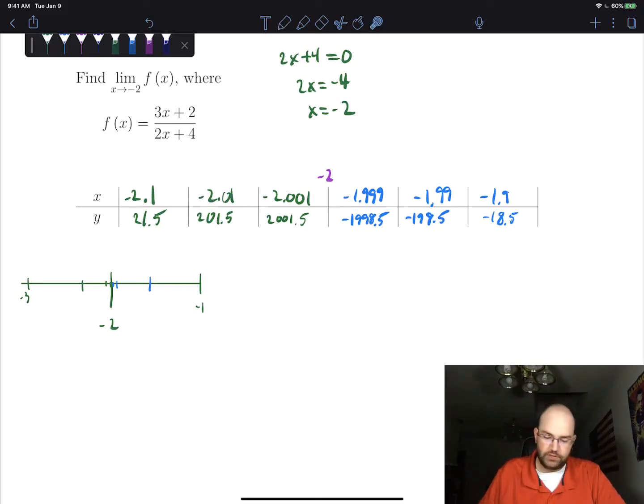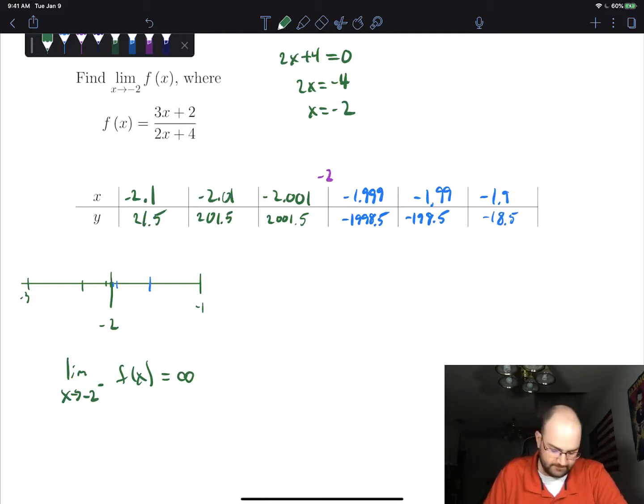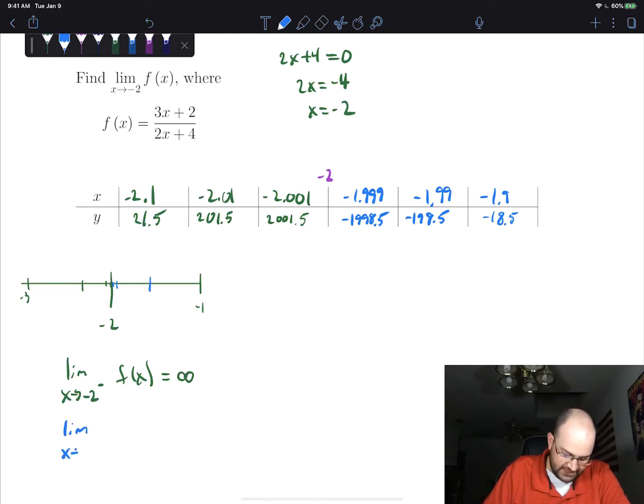In the notes, we have determined that the limit as x approaches negative 2 from the left-hand side of the function is going to go up to positive infinity. The limit as x approaches negative 2 from the right-hand side of the function will be negative infinity.